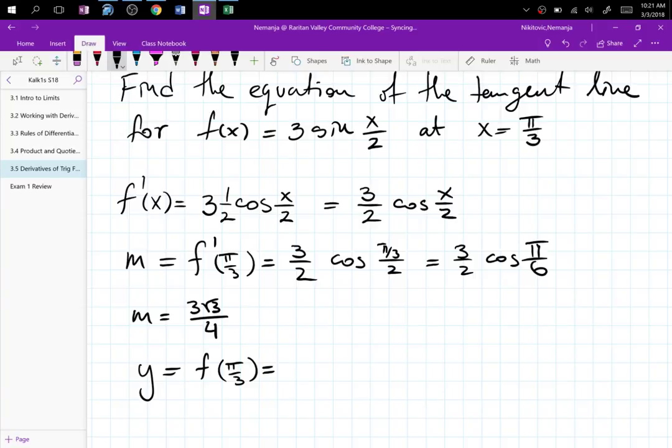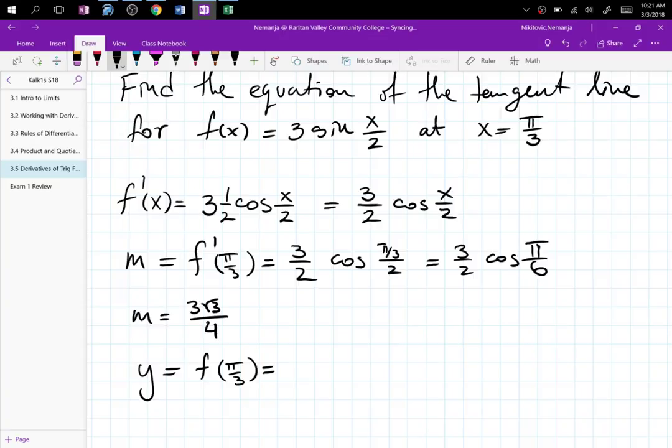Sine of pi over 6 is 1/2, so this is 3/2. So what do I have? I have slope that it's 3√3 over 4, and I have a point which is pi over 3 comma 3/2.